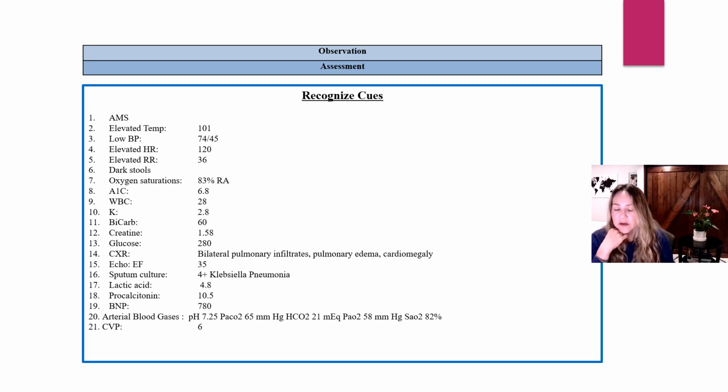If a patient comes to the hospital with altered mental status, that is a cue. It's telling us, oh, the patient has altered mental status. That is not right. That is abnormal. So we have to recognize all the abnormals, because that is what is going to tell us what is happening to this patient.